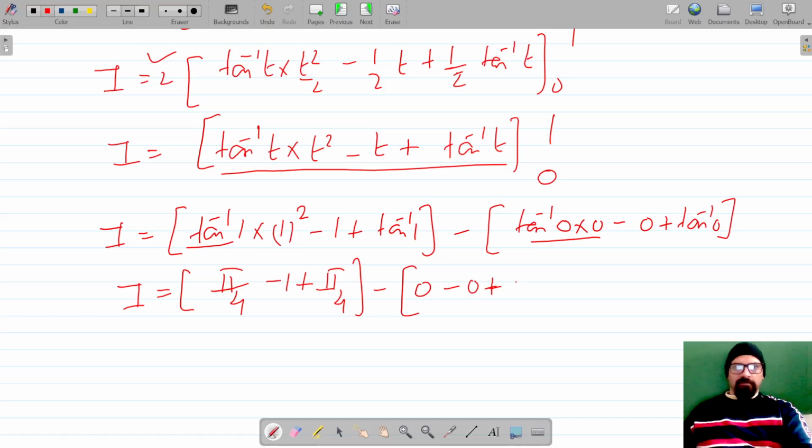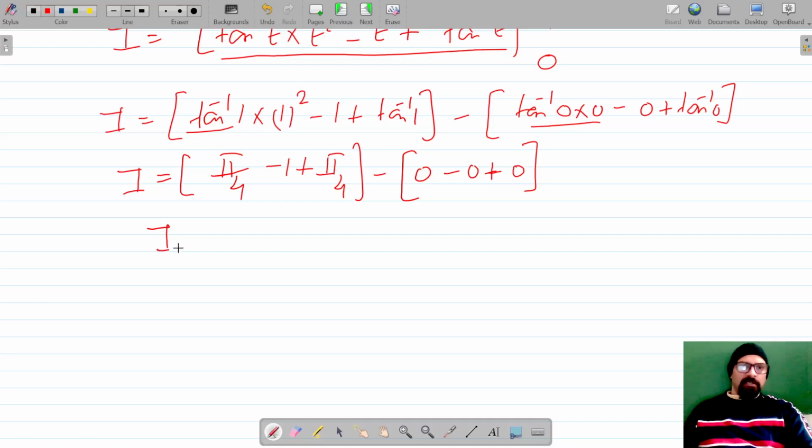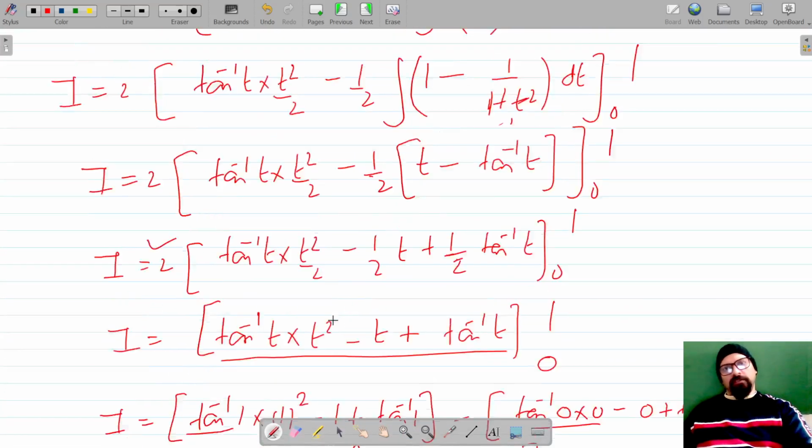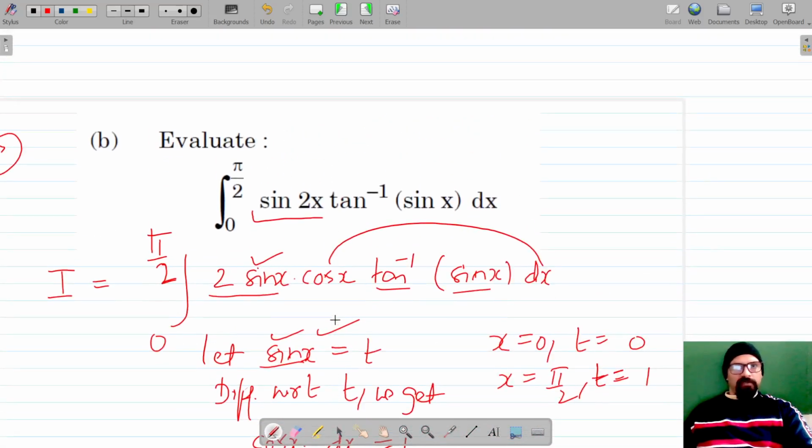So tan inverse 0 is 0, and finally we are left with I is equal to 2 times pi by 4, minus 1. So finally it's pi by 2 minus 1, the value that we have evaluated this function for.